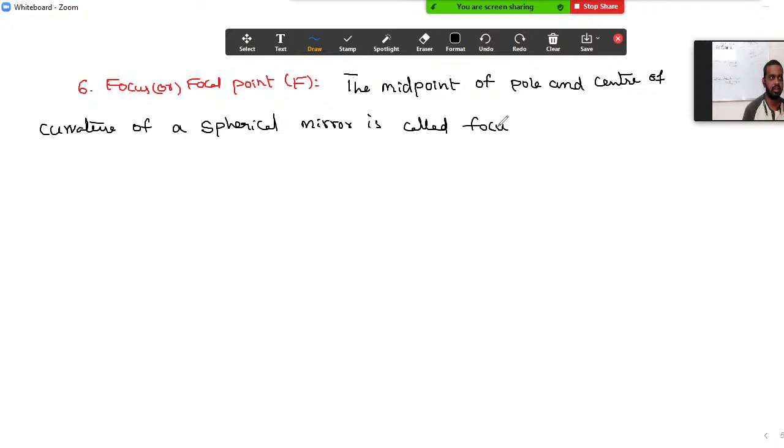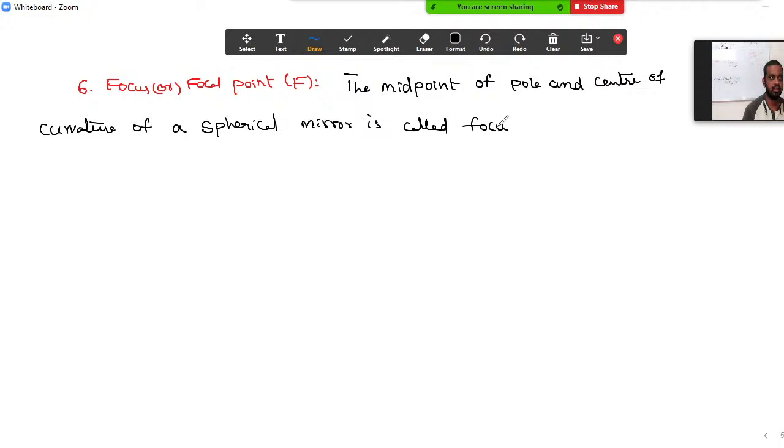The point is, focus and center of curvature lie outside for a concave mirror. But in the case of a convex mirror, focus and center of curvature lie inside for a convex mirror. This is the inner portion.